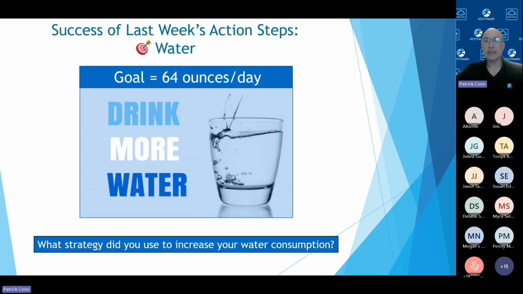Susan said she fills a 64-ounce water container each day. Jason said he made sure that the bottle of water was always close by. Yeah, that's important. Julia said she has a 40-ounce container. She fills it up twice per day.